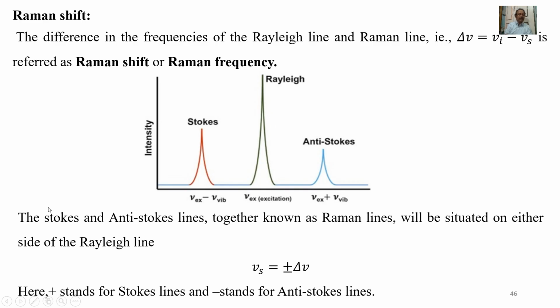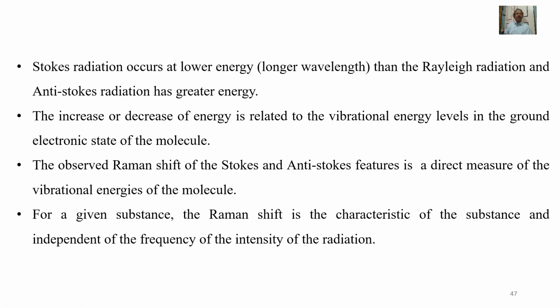The Stokes and anti-Stokes lines together, known as Raman lines, are situated on either side of the Rayleigh line. That is nu S equal to nu I plus or minus del nu. Here, plus stands for the Stokes line and minus stands for the anti-Stokes line. Stokes radiation occurs at lower energy, that is longer wavelength, than the Rayleigh radiation, and anti-Stokes radiation has greater energy.